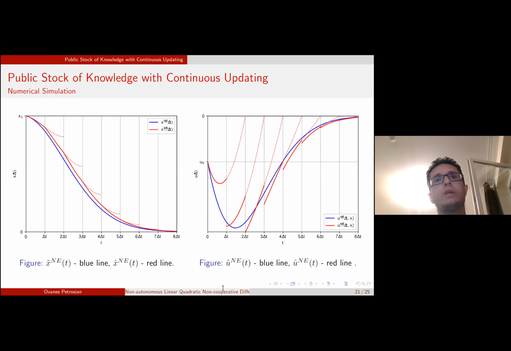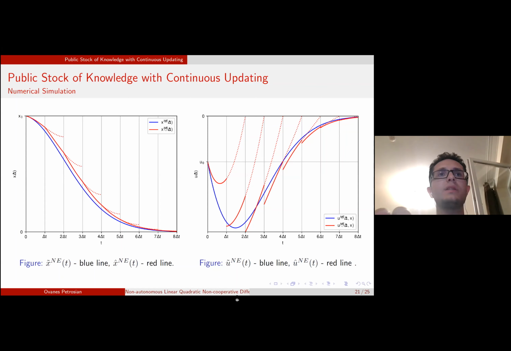Okay, so what we can see here on the slide is the comparison of the Nash equilibrium with continuous updating and the Nash equilibrium with dynamic updating for a specific case of several updating instances.